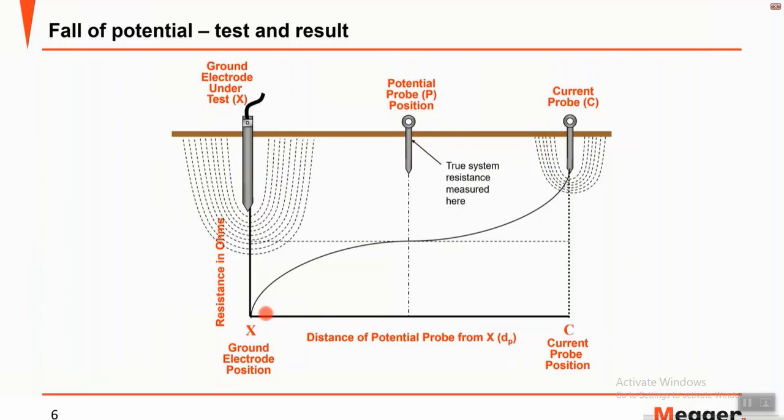Then you can see the resistance value on each measurement. When you see the flat area, maybe in here, you can take that position as the true measurement. The measurement on that position will be valid for your measurement.